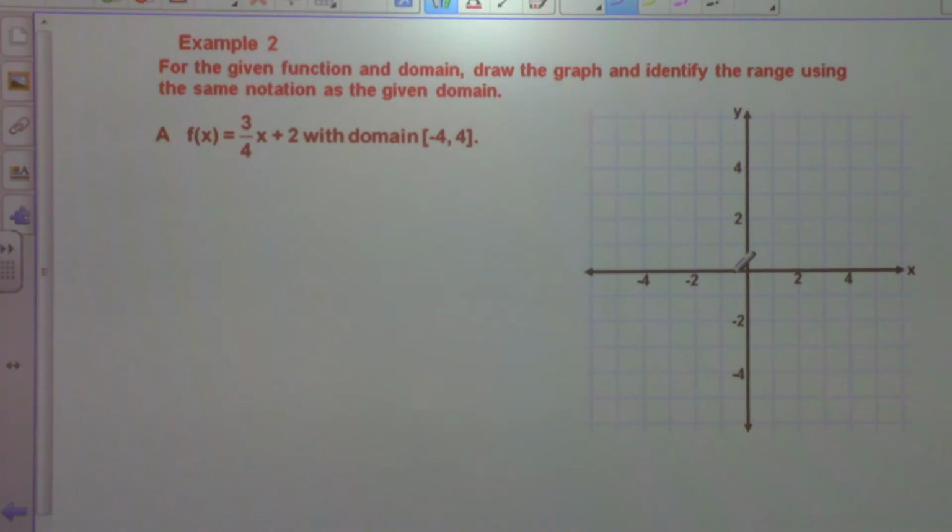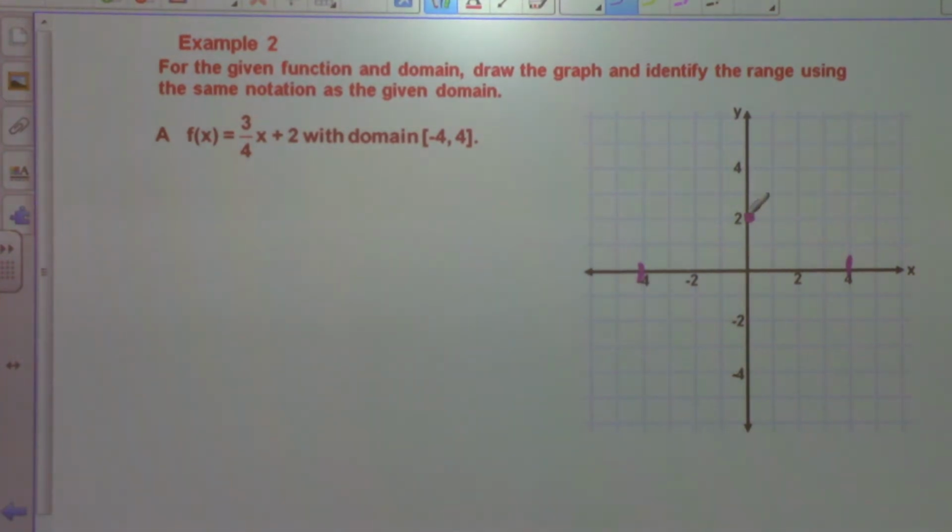What would you do first? Plot the -4 and 4. Okay, so you say mark it right here. Yeah, you can do that. That isn't what I was looking for, but that's true. Yeah, so mark your y-intercept, right?